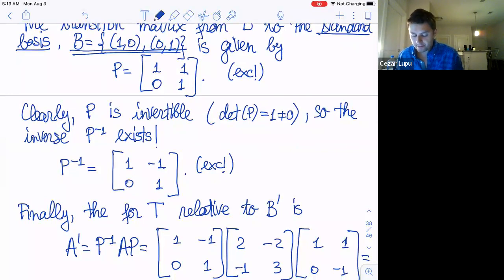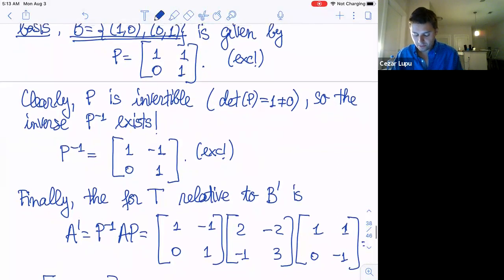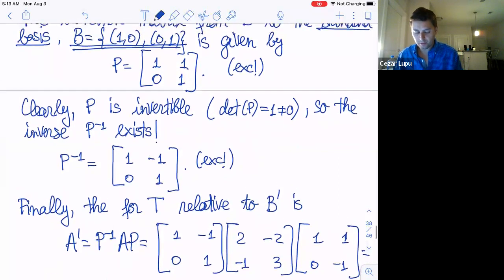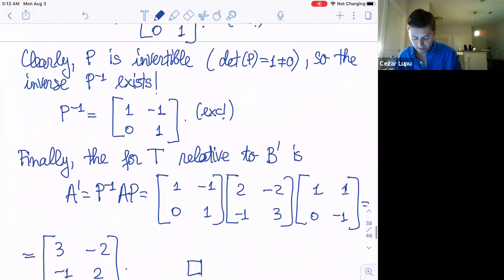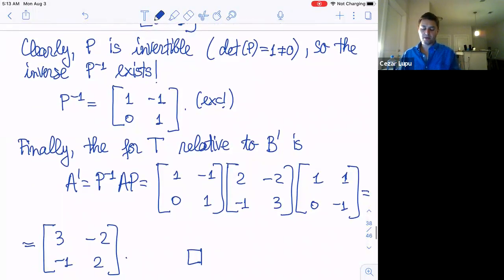So for our linear transformation T relative to B prime, this matrix is given by this. So you just multiply P inverse times A times P. The multiplication of these three matrices, well, I have already done it, and I hope I didn't make any mistakes, is given by this matrix, right? Well, it's just a matter of exercise.